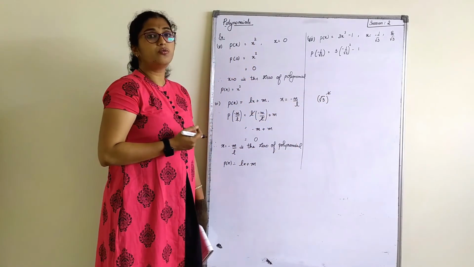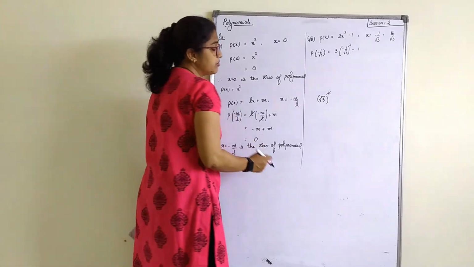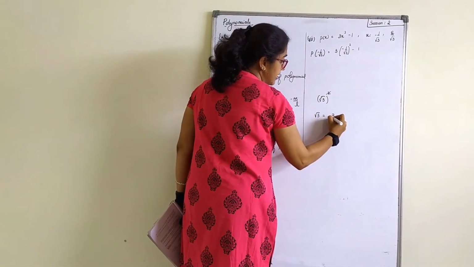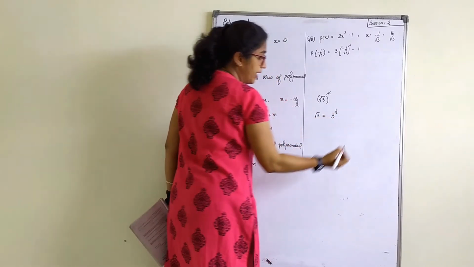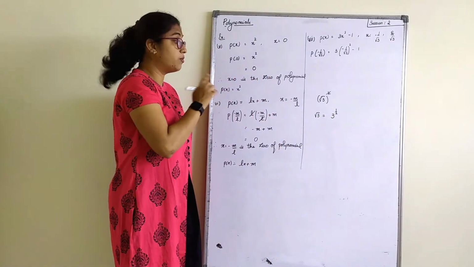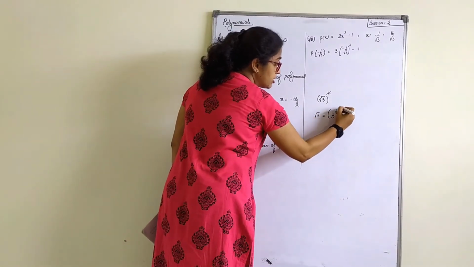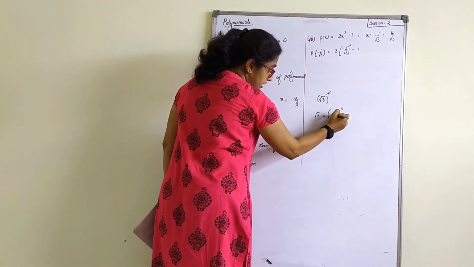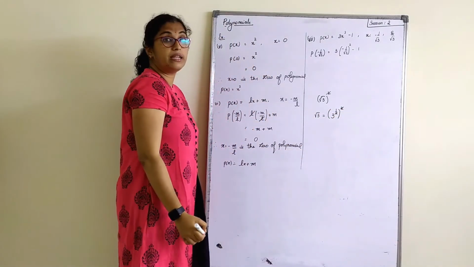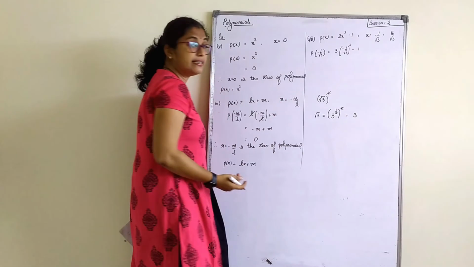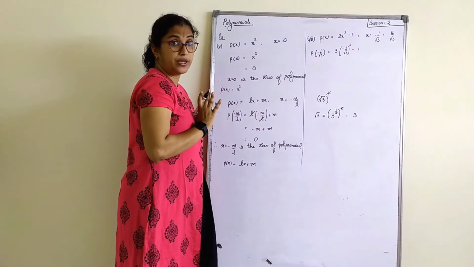But how do they get cancelled? Root 3 is nothing but 3 raised to 1 by 2. It is the index form of the root, right? So raised to 2, this 2 and this 2 will get cancelled. So what is the answer? The answer is 3. This is one way of doing it.